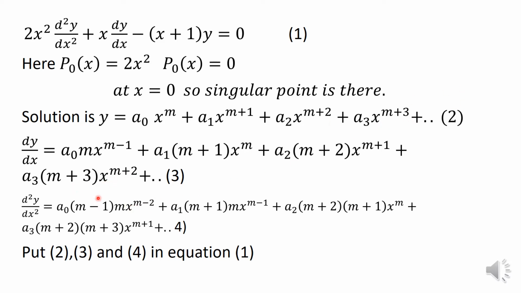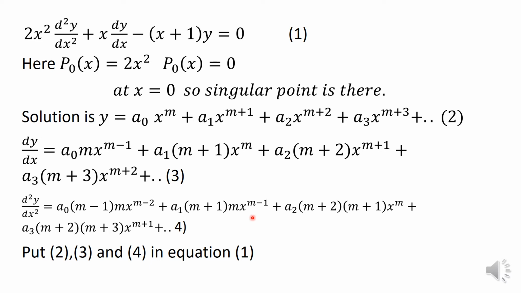Now further, this dy by dx we have found. Similarly we will try to find d square y by dx square, because dy by dx we already know. So again differentiate: it will be a naught m minus 1 times m as such, x to the power m minus 1 becomes x to the power m minus 2. Similarly a1 (m plus 1) m x to the power m minus 1.